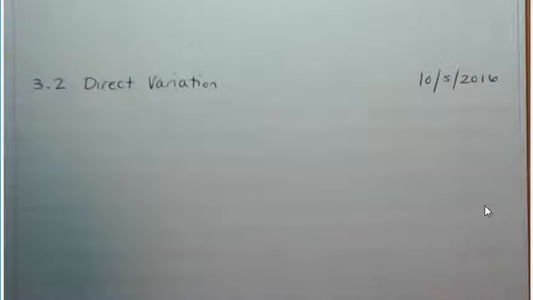Okay, direct variation is something that you learned in 7th grade pre-AP, and it's very, very similar to something that you probably use a little bit more vocabulary-wise. So let's write down the definition for direct variation.